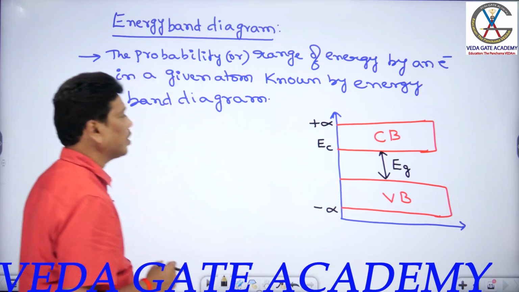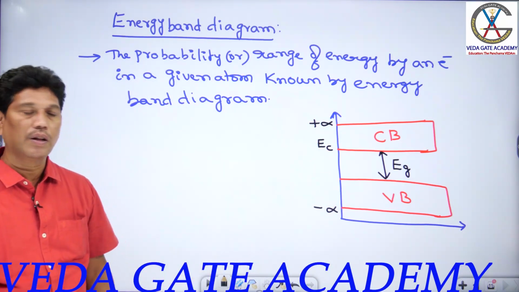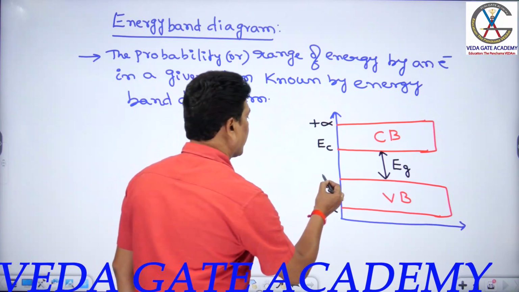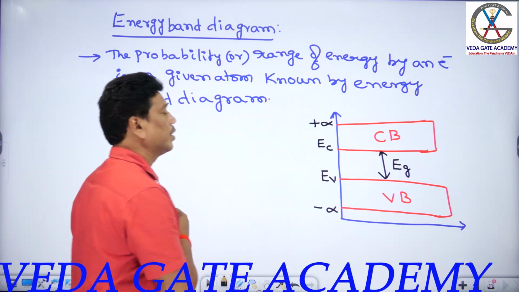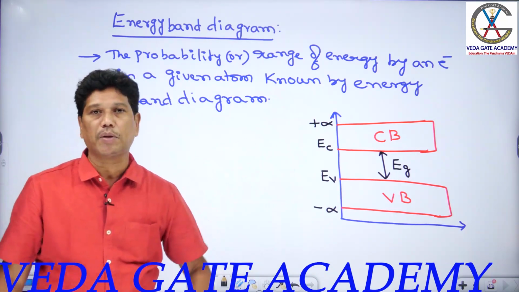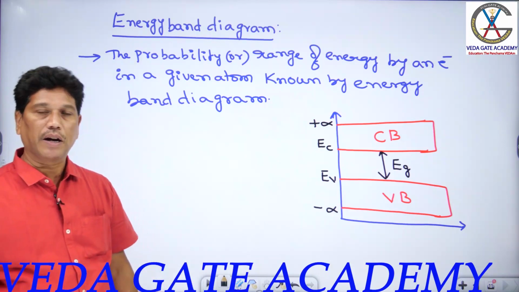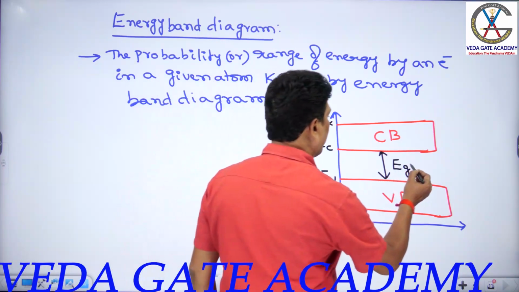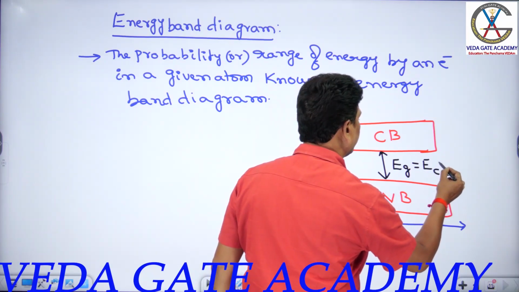EV is the notation that represents the highest energy of a carrier in the valence band. EV stands for the highest energy of the carrier in the valence band, and EC stands for the lowest energy of the carrier in the conduction band. Based on that, remember now, EG equals EC minus EV.